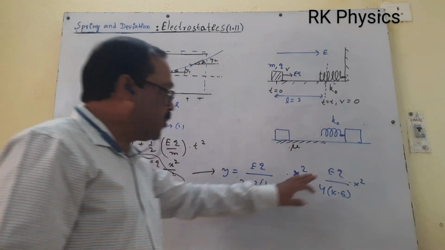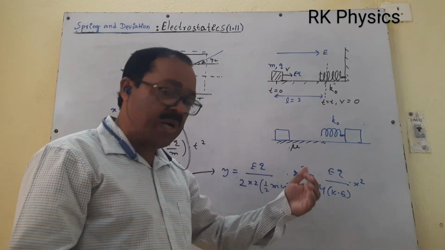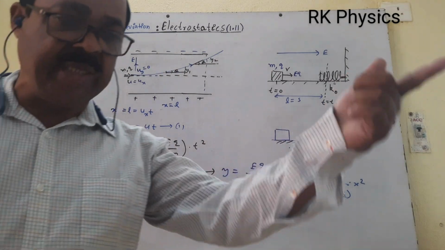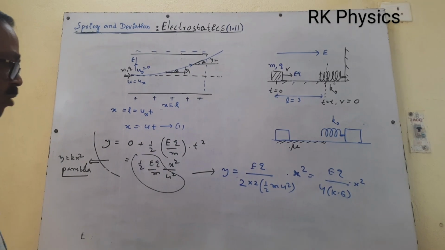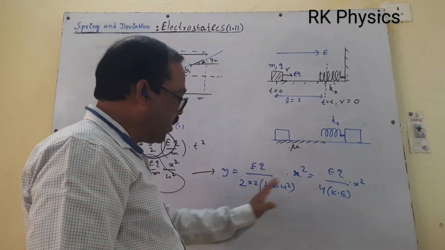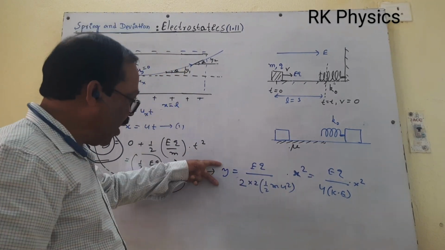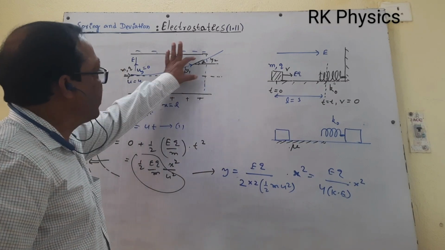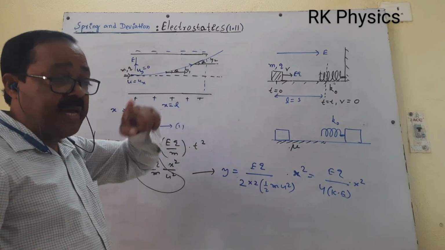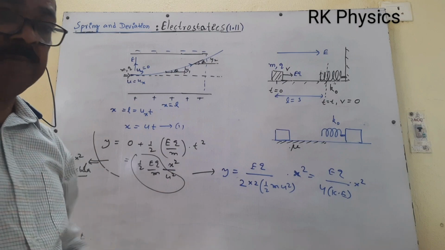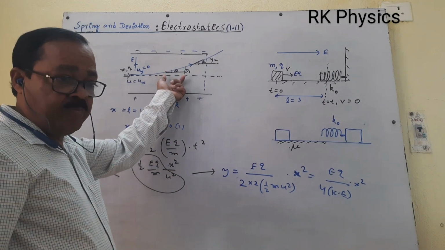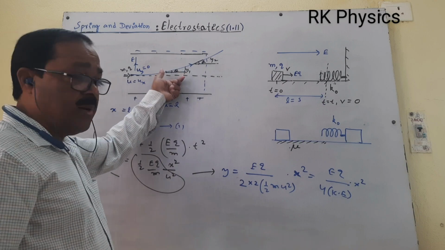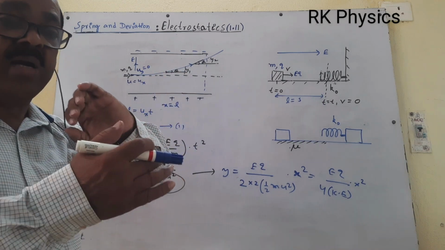Or if q is known and y is known, you can calculate the kinetic energy at any instant after traveling some distance x. So this is a relation with respect to kinetic energy, and y represents your vertical distance. At the same time, it gives you the angle of deviation indirectly, because we know that tan theta equals y by x, so y equals x tan theta.